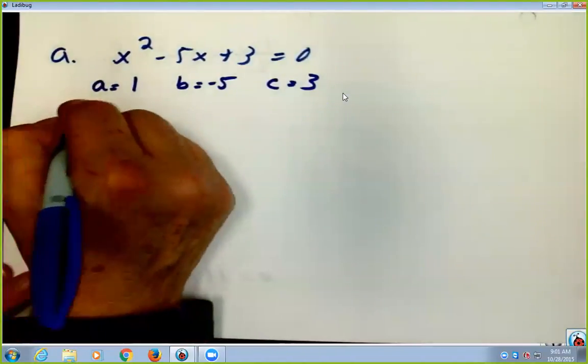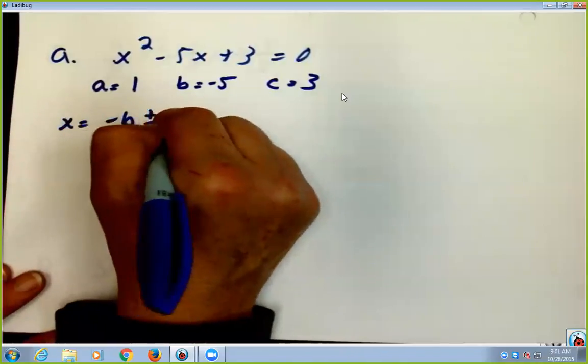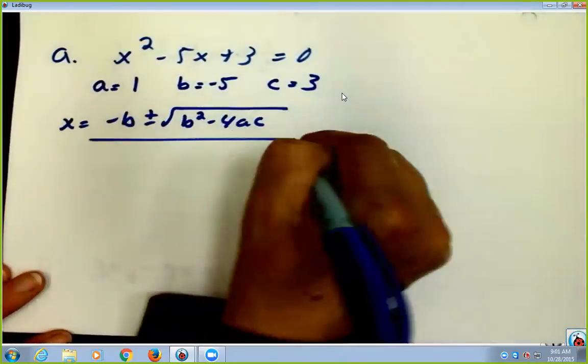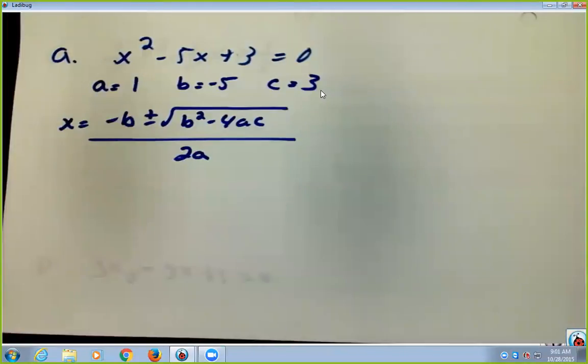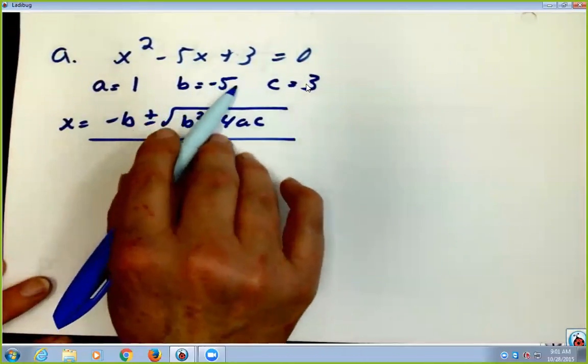So we have to remember what our formula is. So x equals a negative b plus or minus the square root of b squared minus 4ac all over 2a. So as you start plugging your stuff in, notice this is a negative 5.